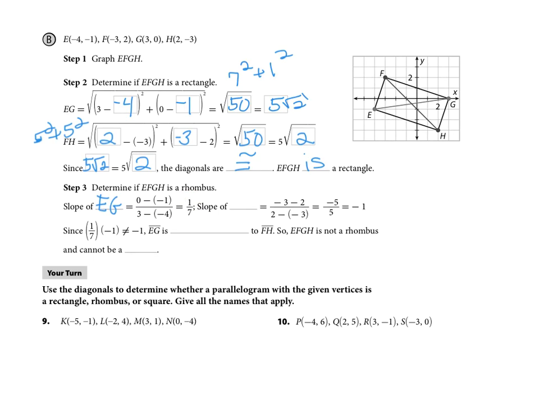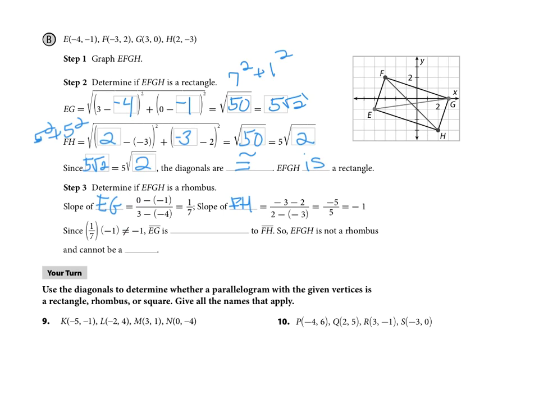Comparing that to the slope of the other diagonal, which is FH, we get negative 3 minus 2 over 2 minus negative 3, and we get negative 5 over 5, which comes out to be negative 1. Now if we look at the product of 1/7 and negative 1, we do not get negative 1.